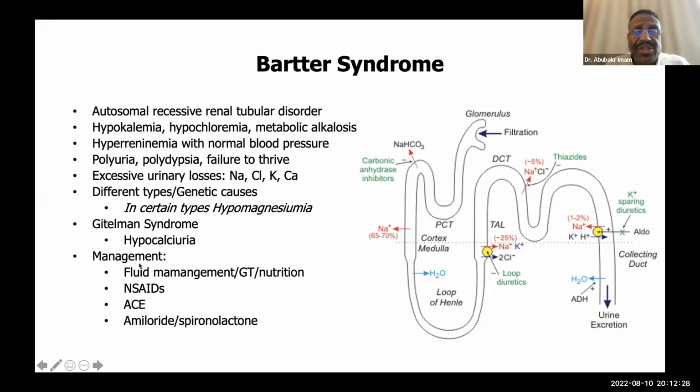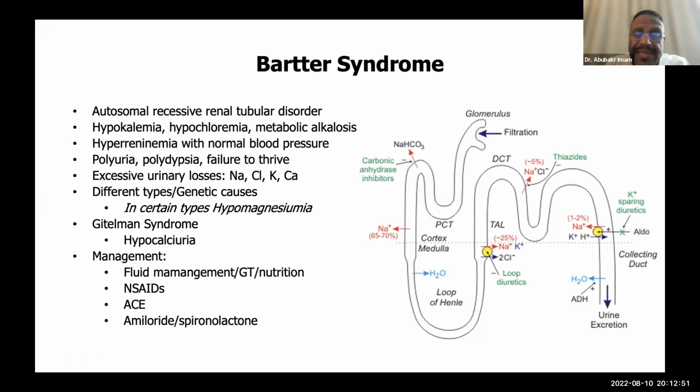The management of Bartter: fluid management is of great importance. Those patients end up needing a lot of fluids for them to grow. You have to remember, a dehydrated child, an alkalotic child, cannot grow normally. They have to have enough fluid in their system.